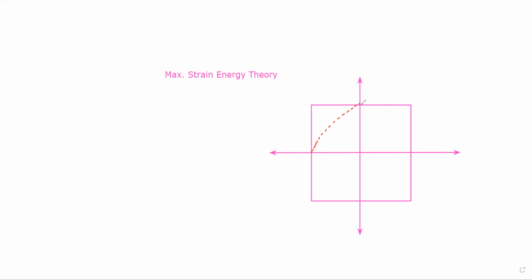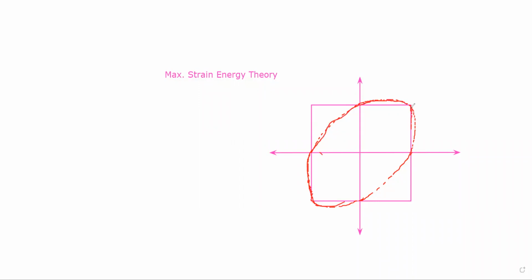The ellipse is like this. This is the ellipse that represents the distortion energy theory.